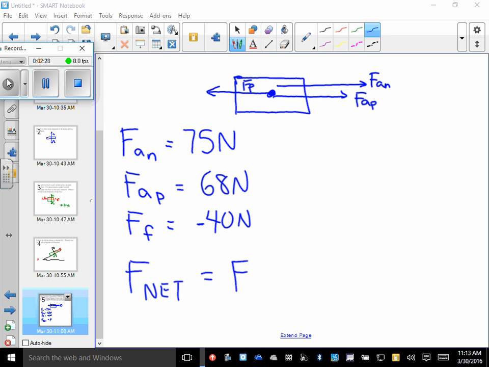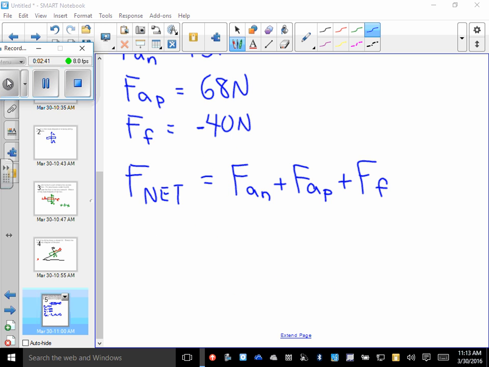So in this case, we have force applied by Nora plus force applied by Petra plus our force of friction. And some people might want to say, well, we're really subtracting the force of friction. No, we're always going to write it that we're adding all the forces together. The negative that we have here is going to take care of itself.